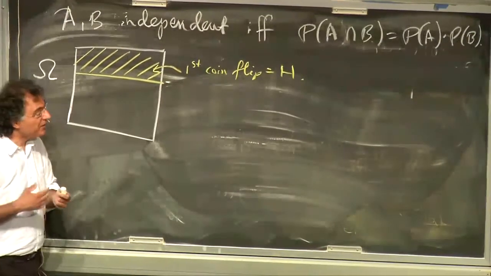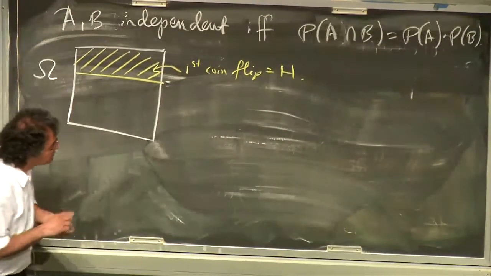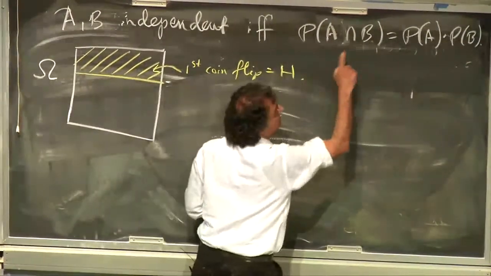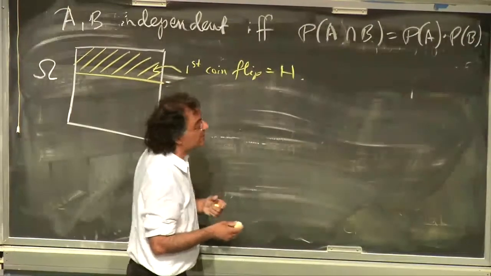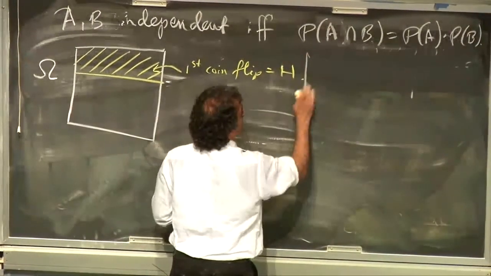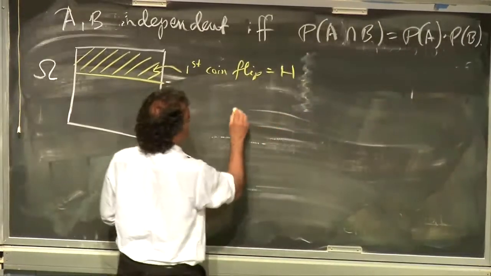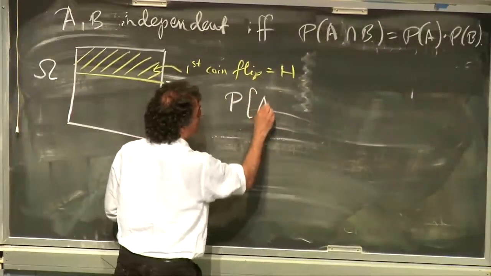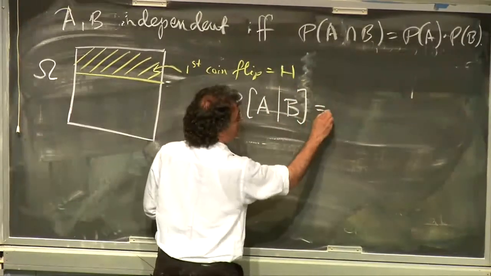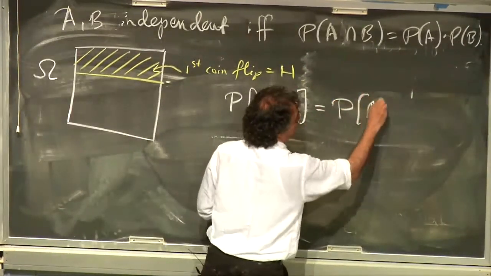The way you should think about independent events: these events A and B are independent, another way of saying it is probability of A given that B happened is the same as the probability that A happened.